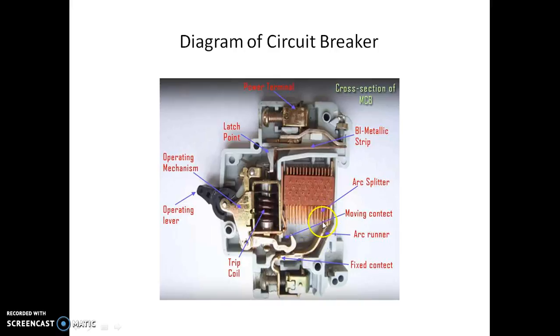Whenever the arc is forced into this, the length of the arc will increase, whereas the area of cross section of the arc gets decreased. Since R is equal to rho L by A, with the length of the arc increased and the area of cross section of the arc decreased, the resistance of the arc increases, so it cannot sustain, and the arc starts splitting up.